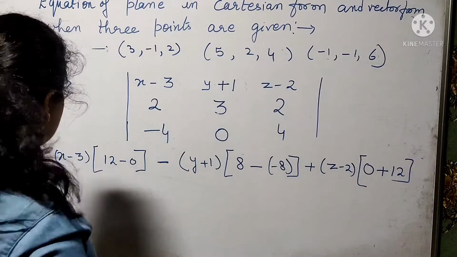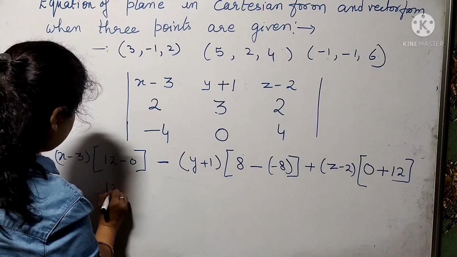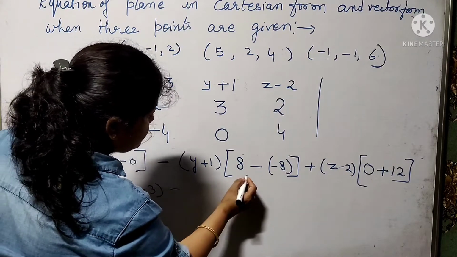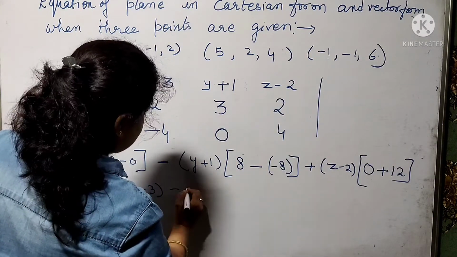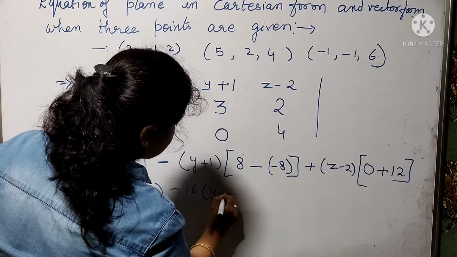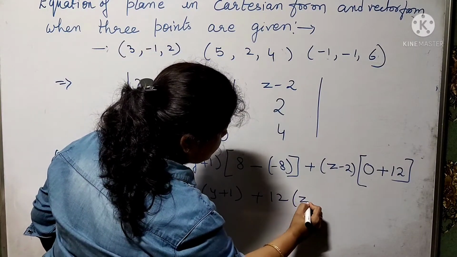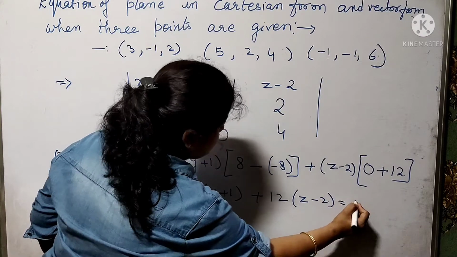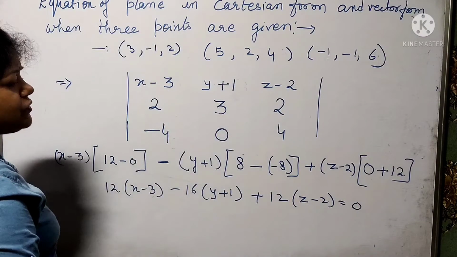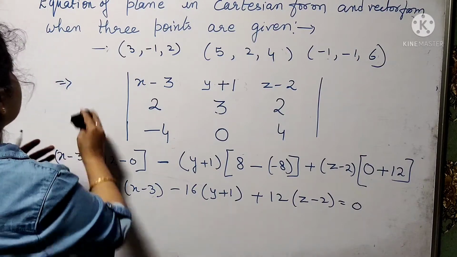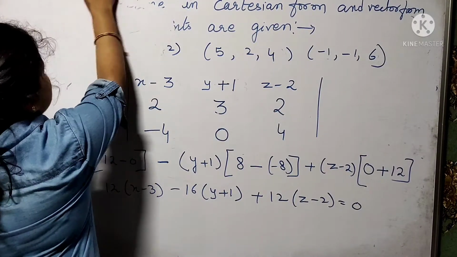Now we solve this equation, we get 12 times x minus 3 minus 8 and 8 is 16, y plus 1, similarly 12 times z minus 2 is equal to 0. Now we solve this equation and ultimately we get the equation of the plane for these 3 points.